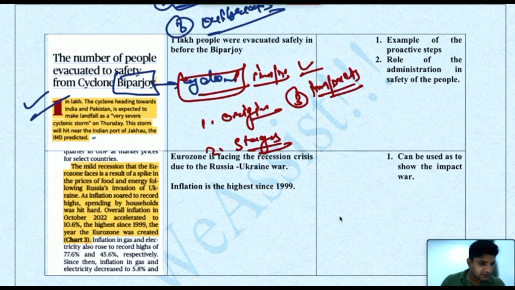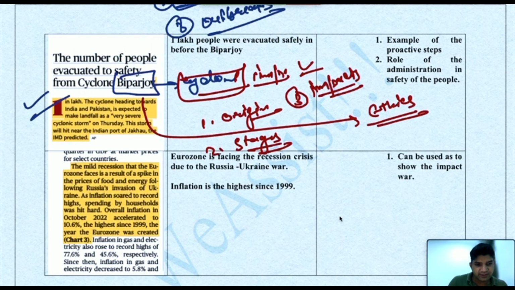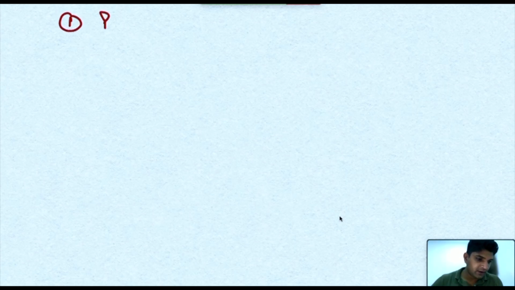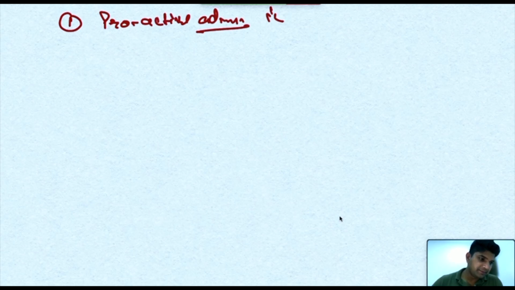Okay, now how can this be used in ethics? Now there was this one news in Gujarat that in anticipation of the Biprajoy cyclone, 1 lakh people were evacuated. Okay, now this was the proactive step on the part of the administration. Suppose the question comes like this: proactive administration is the best approach to governance.